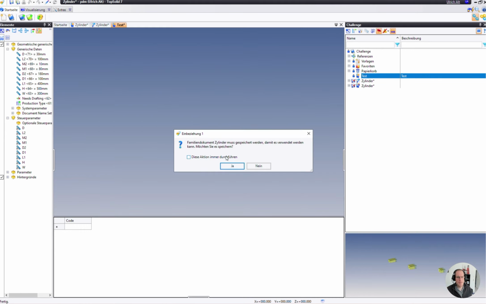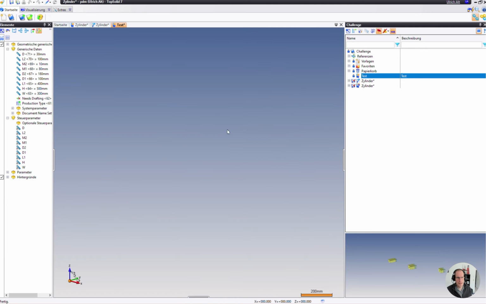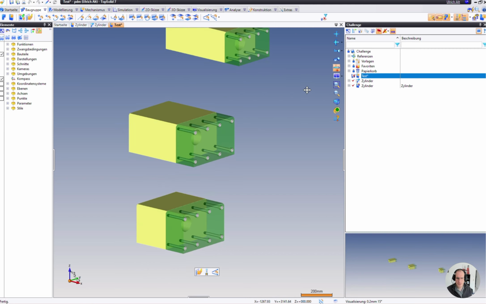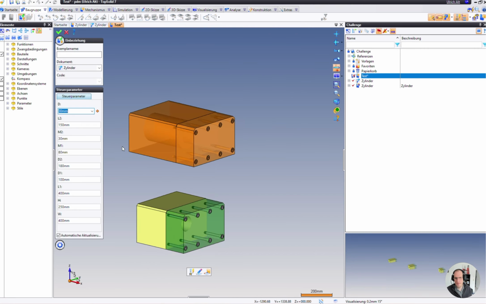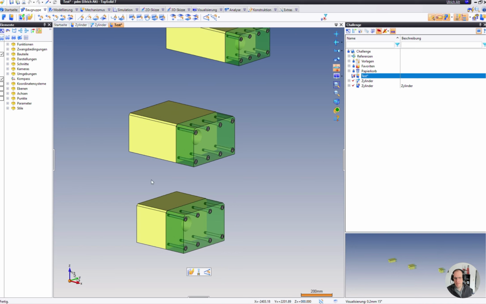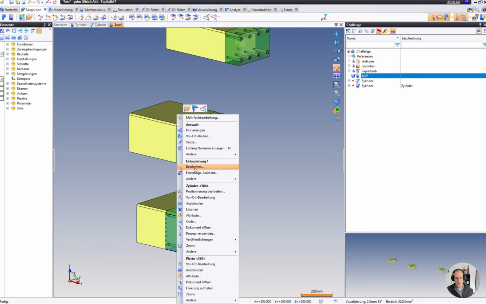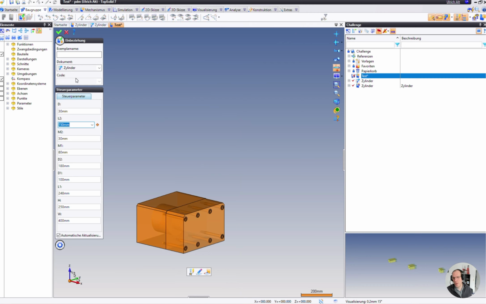Now if we have a test assembly where we include some instances of this. So let's say here we have the instance with L2. L2 is the length of this one here is 150, and this is L2 150 as well.